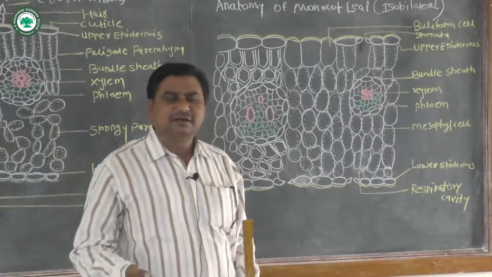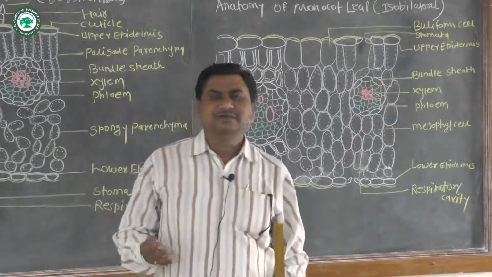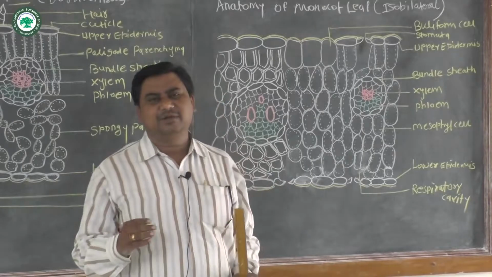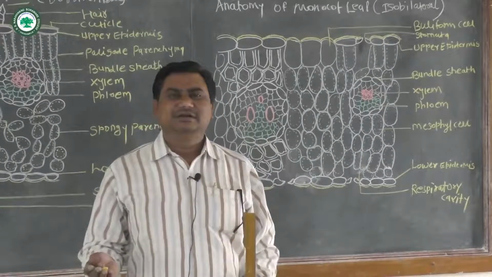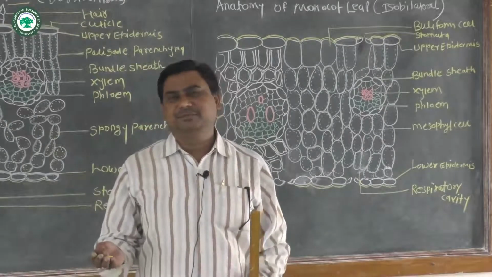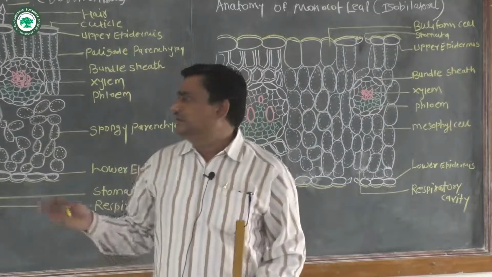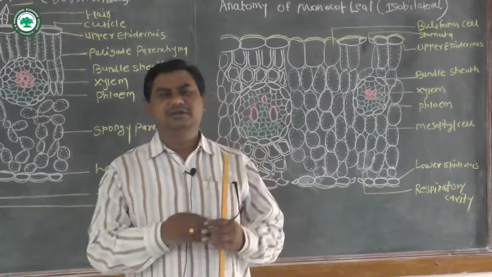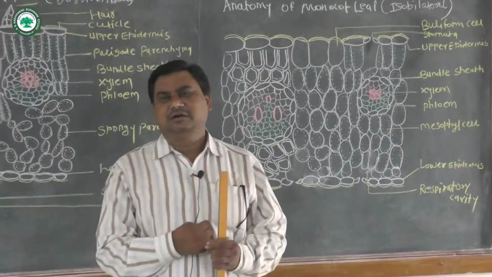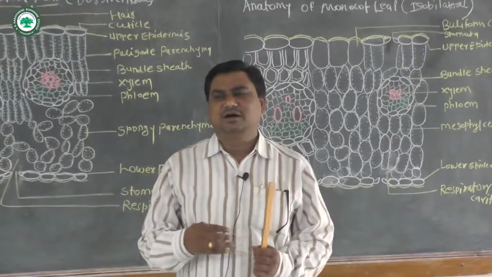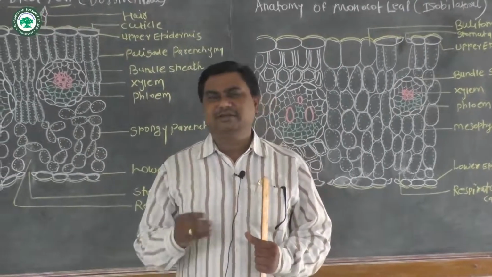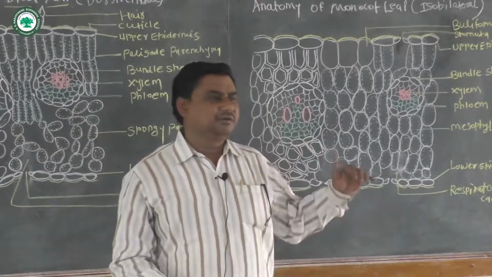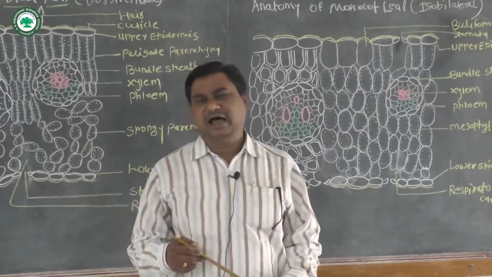This is the basic difference. Suppose we take the character epidermis. In the monocot leaf, the epidermis has large bulliform cells. In the dicot leaf it is absent. In the dicot leaf the mesophyll region is divided into palisade parenchymatous cells and spongy parenchymatous cells, but here these two separate regions are absent.